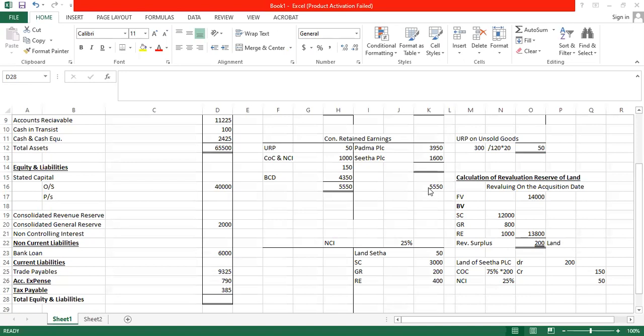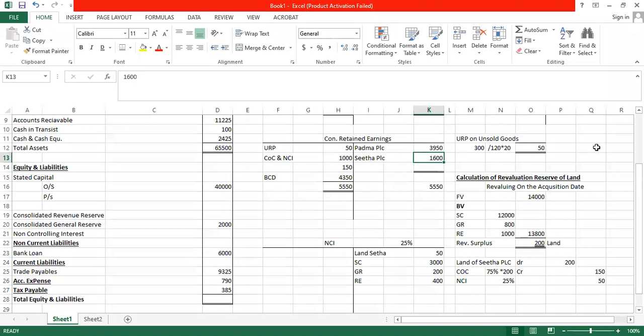It means that from post-acquired shares, we owned only 75%. It means only 450 we have.